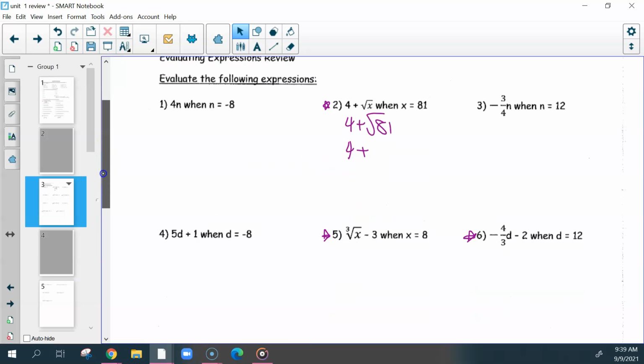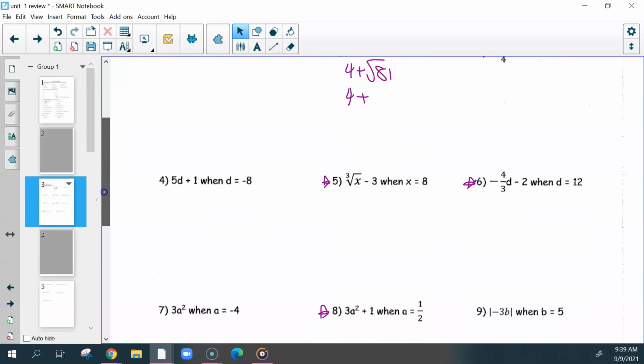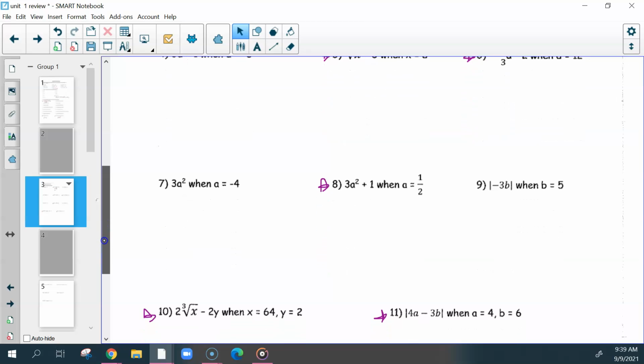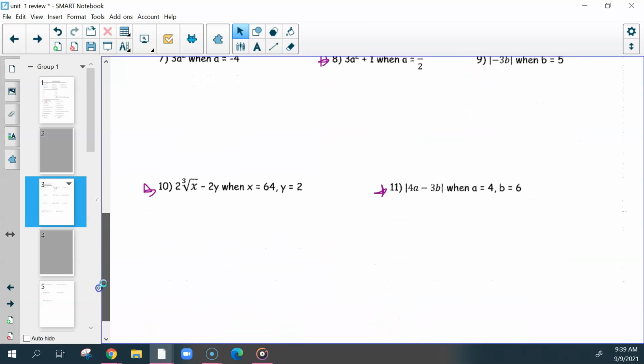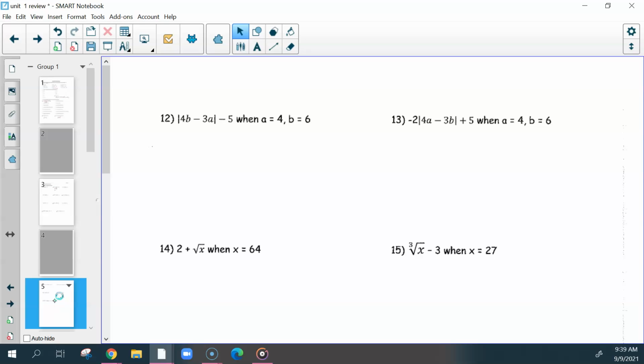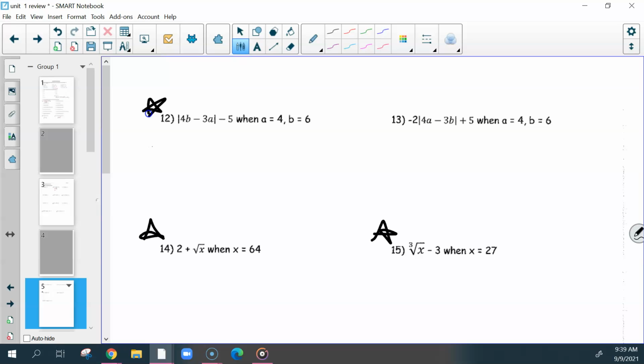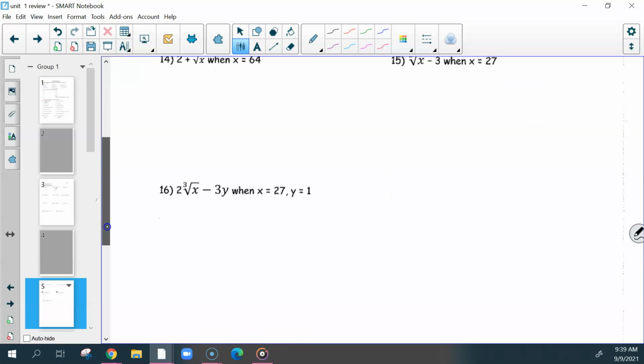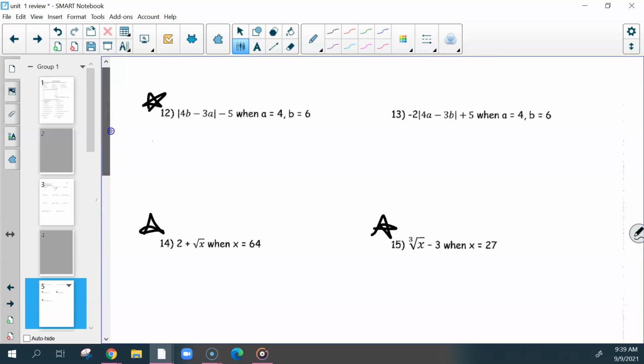Alright, let's see. Square root, cube root, fraction, exponent, cube root, absolute value. We'll do this. Okay, start over.